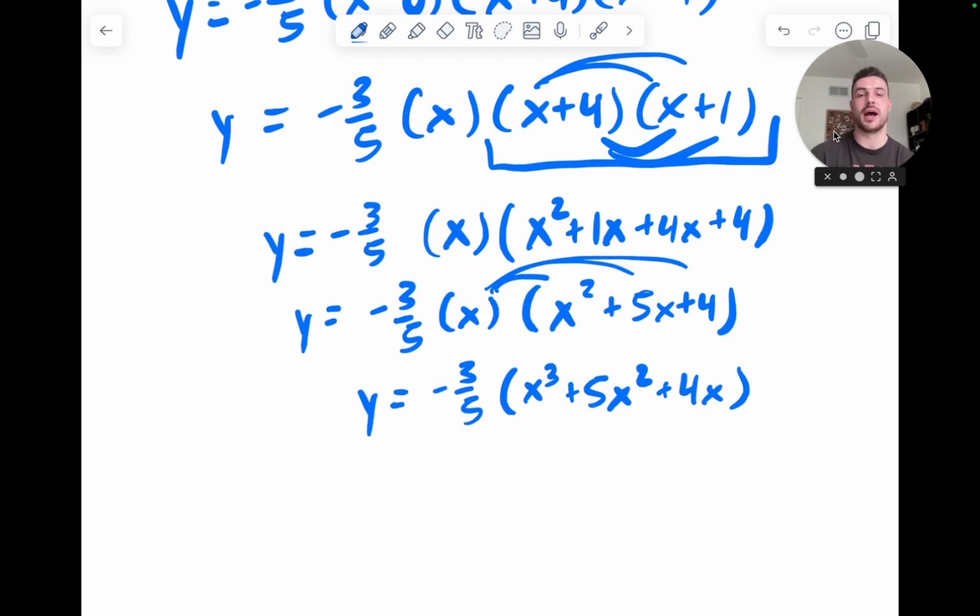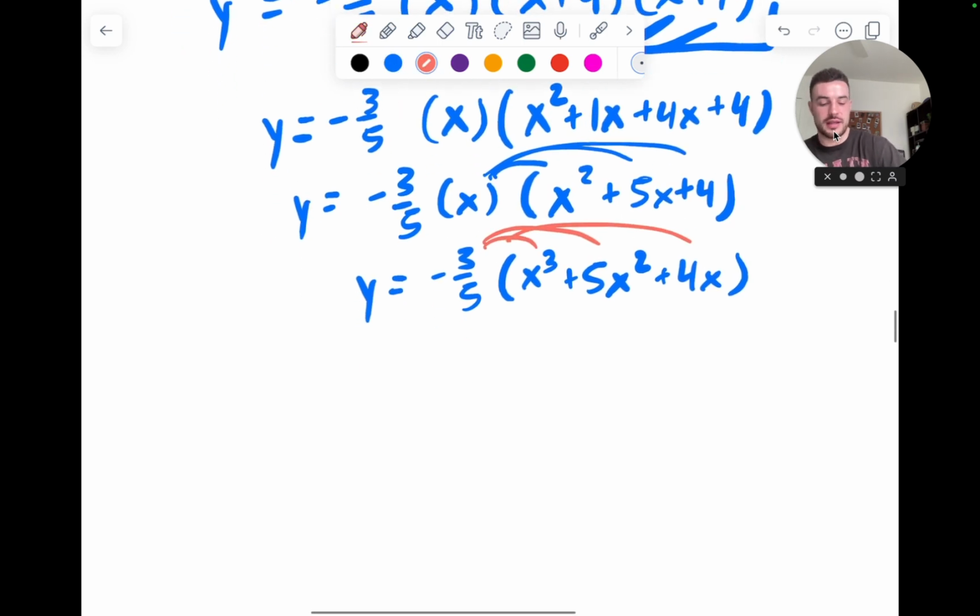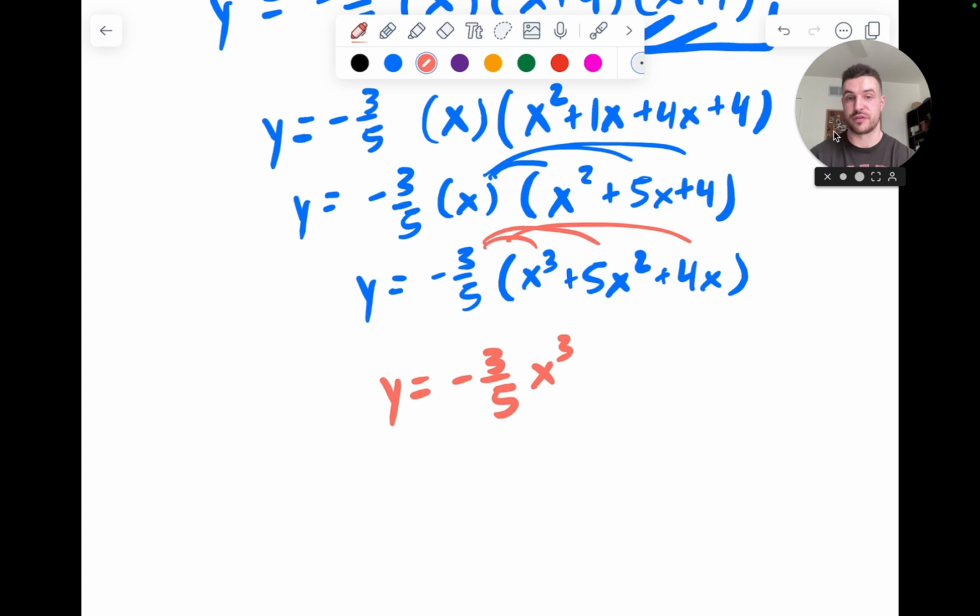All right, and now at the end here, if we wanted to get our polynomial in standard form, I would do the exact same thing, but now with my negative 3 over 5. And that will give me my final answer of y equals negative 3 over 5 x to the third. I have a negative 3 over 5 times 5, and that's going to give me a negative 3 x squared.